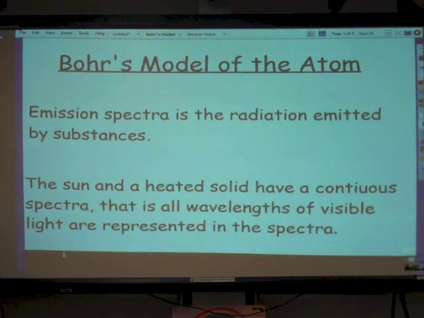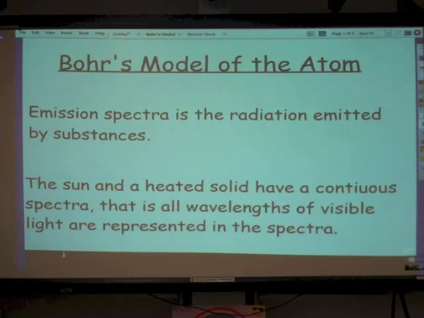The sun and heated solids have continuous spectra. What that means is that all the wavelengths of visible light are represented in the spectra. So the sun is giving off the entire rainbow of visible wavelengths.